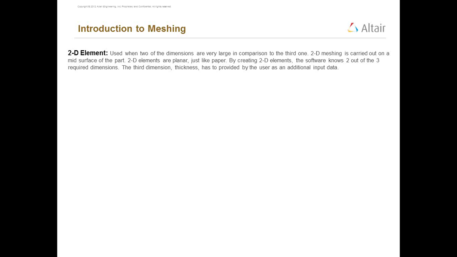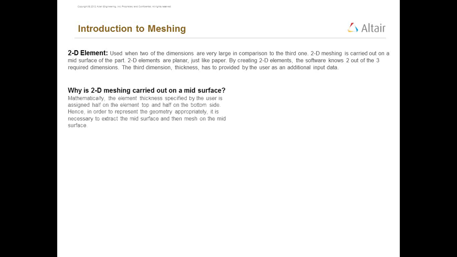So 2D meshing is carried out on the mid surface of the part. 2D elements are planar, just like paper. By creating 2D elements, the software knows 2 out of the 3 required dimensions. The third dimension, that is thickness, has to be provided by the user as additional input data.